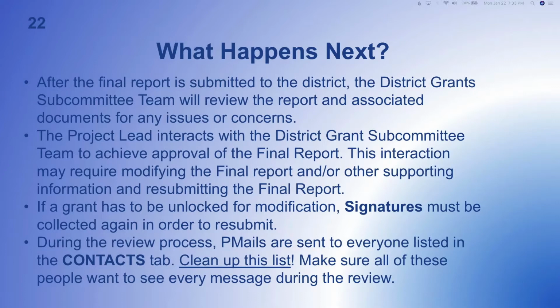I have had emails back from some of these people saying, I don't know what you're talking about, take me off this list. And I have to tell them, look, I didn't put you on there. You need to contact your grant lead, and they will take you off.